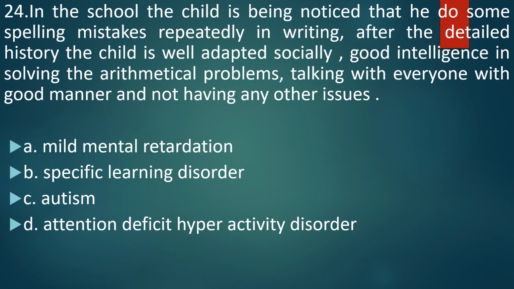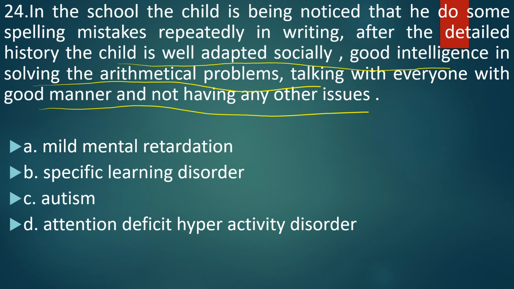So here you can see the child is well adapted socially, good intelligence, solving arithmetic problems. He has no issues at all, but he has only one problem: he makes spelling mistakes repeatedly while writing. This is the keyword. So let's see the options.